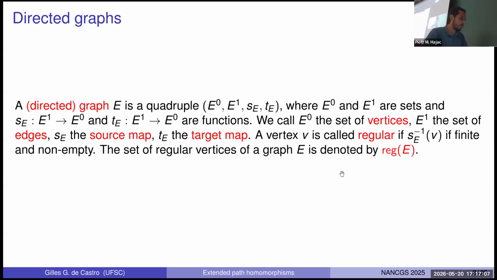Then we have this very important class of vertices, the regular vertices, which emit only a finite number of edges and emit at least one edge. So there are edges leaving, and finitely many of them, this vertex v. And this is the notation for the regular vertices of E.